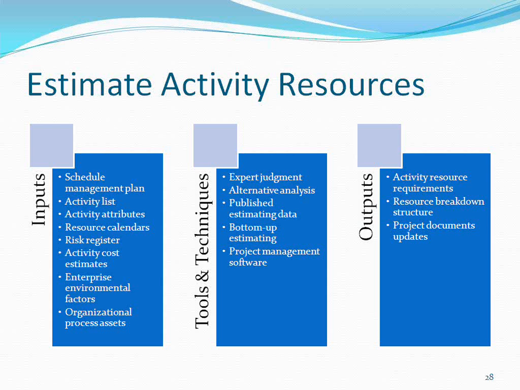These are the different processes. So we have done plan schedule management, define activities, sequence activities. Once you have sequenced activities like what we showed in the earlier slide, the network diagram, now you will estimate how many resources are required to complete these activities.